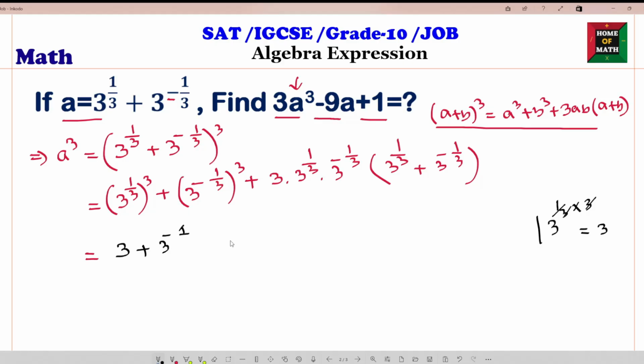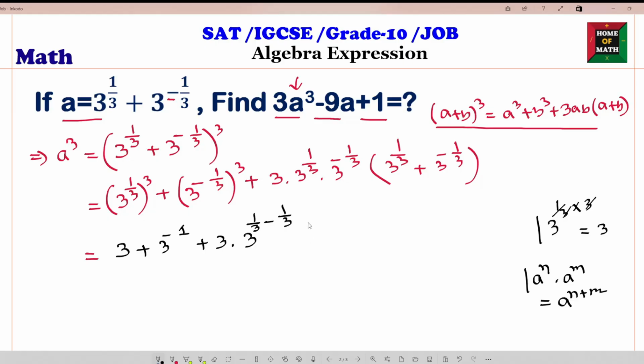And now plus this one: 3 times, we know a to the power n times a to the power m is a to the power n plus m. Therefore 3 to the power 1/3 minus 1/3.